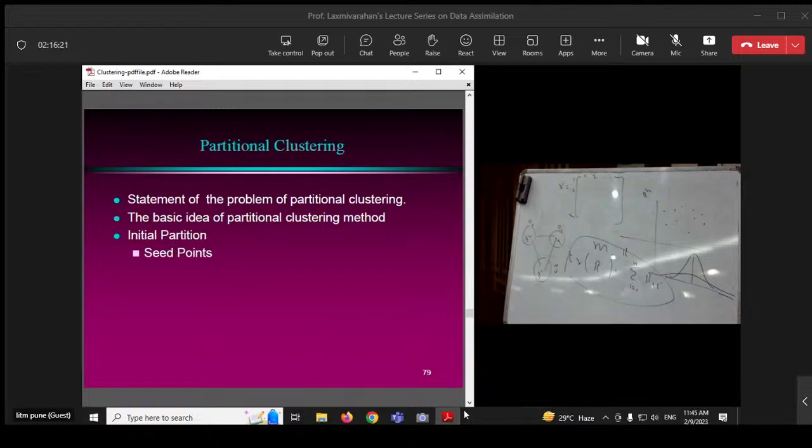Once I know that, then I want to redo. So how can I redo that? Once I said there are 2 clusters, in order to build the cluster, I need a cluster center, a nucleus. How do you identify the nucleus?